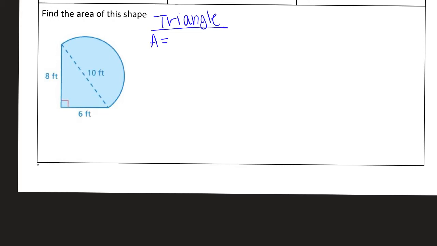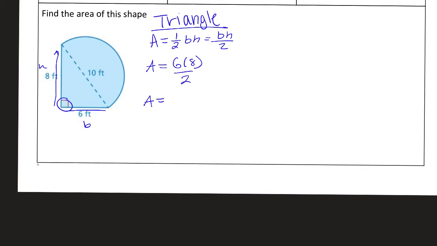Okay, so the area of a triangle is 1/2 base times height, or you might have written base times height divided by 2. Either one is fine. So I'm going to fill in what I know. Here's your base. Then here's your height. Remember that the base and height of a triangle meet at a right angle. So this is 6 times 8 divided by 2.